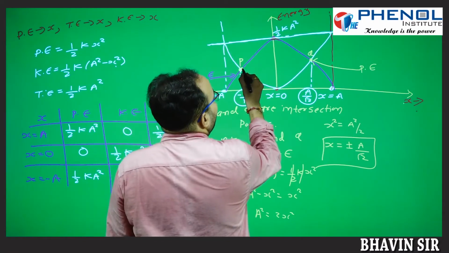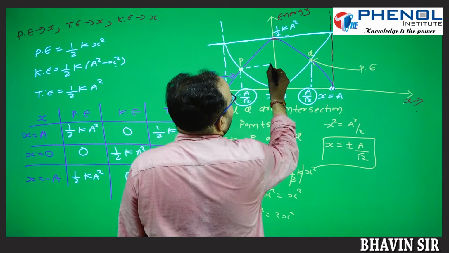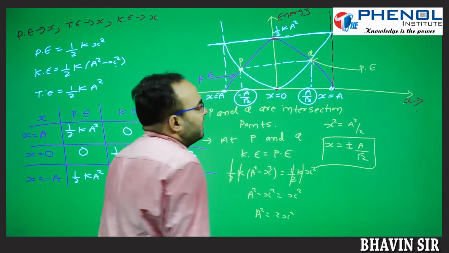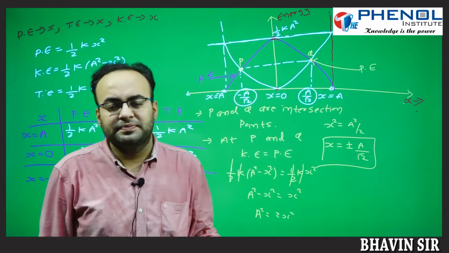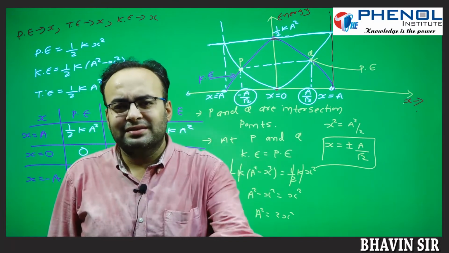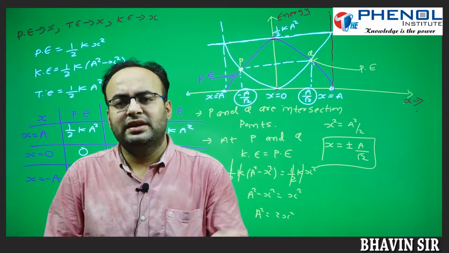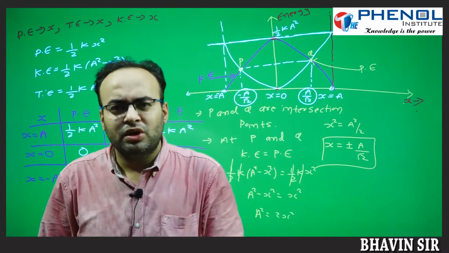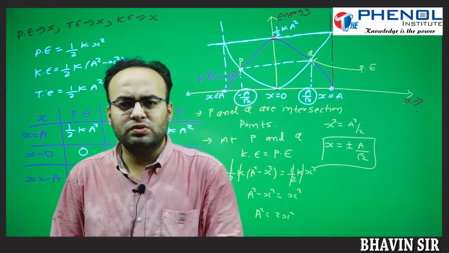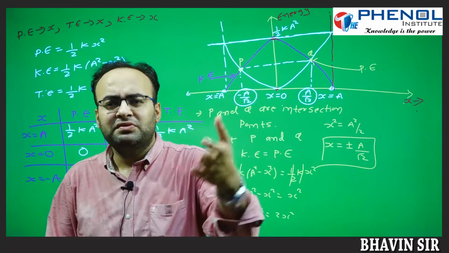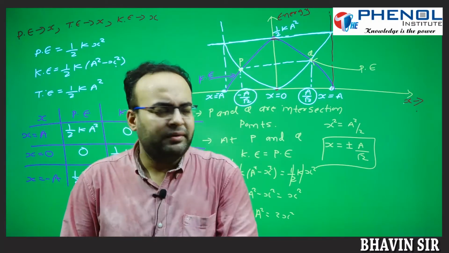Now what is the value of total energy? Students, it is a basic question. When both are equal, each is total energy by 2. Suppose total energy is 100 joule, then kinetic and potential are 50-50.